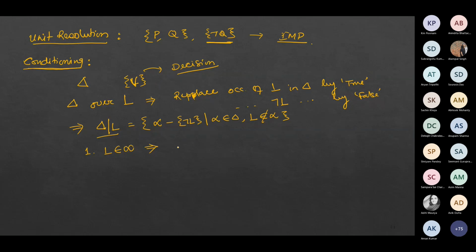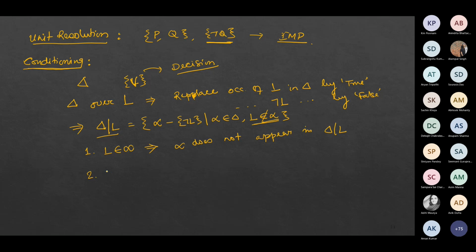So this alpha does not appear in delta L, which is why we say that L does not belong to alpha. If L belongs to alpha, we won't include that alpha, at least not in its original form.